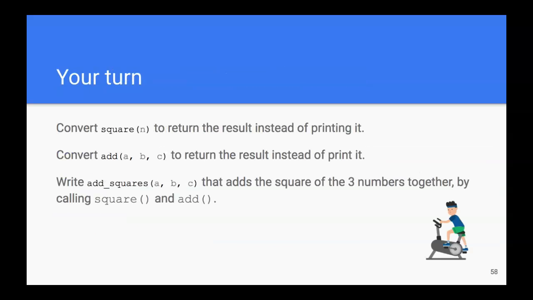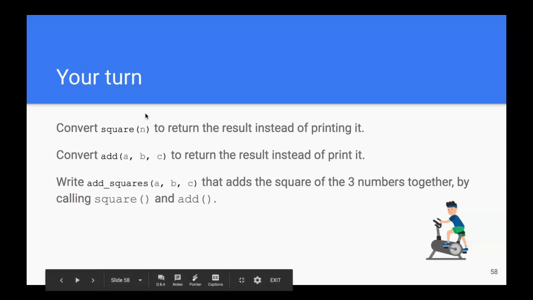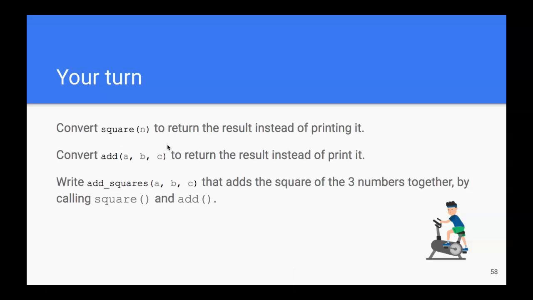All right, so I think again it will be your turn to practice how to return results. What I would like you to do is convert the square function that you just wrote to return the result rather than printing it, and then convert add the three numbers to return the result instead of printing it.